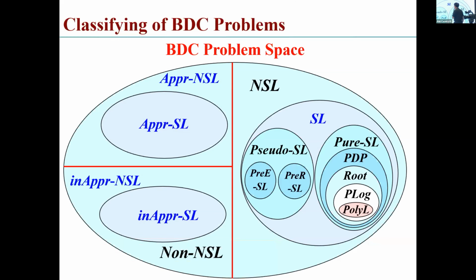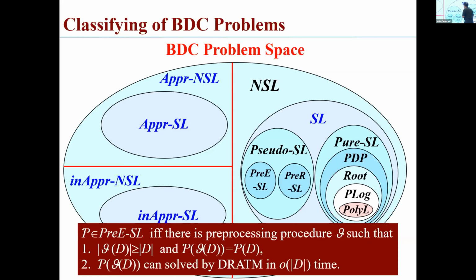So finally, the pseudo SL can be divided into 2 classes also. So for this one, P is in pre-SL if and only if there is a preprocessing procedure set such that, one, set D is greater than or equal to D, and P set D equals PD.